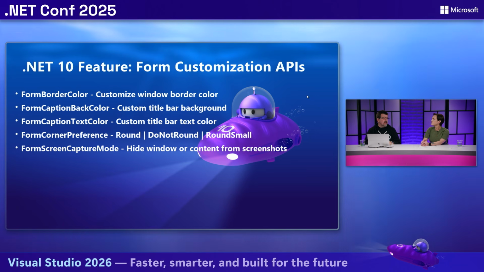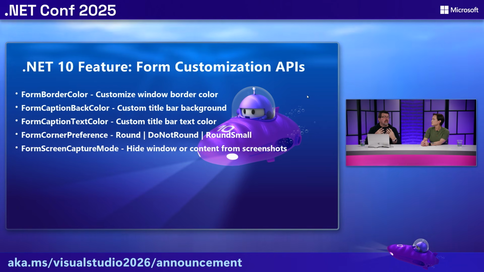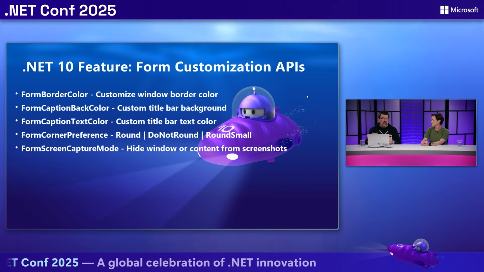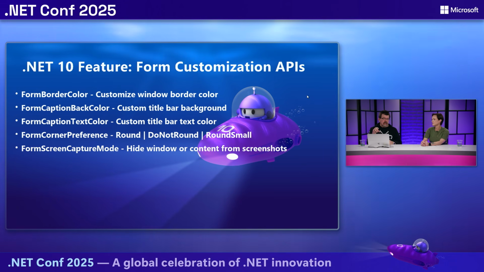For many things, we had to come up with custom renderers. Exactly. But then there's the things we just take from Win32, and those are the things we also implemented and have new APIs. It's like form border color, form caption back color.